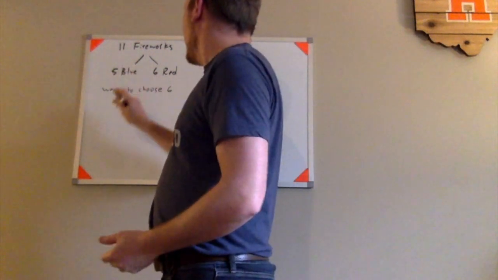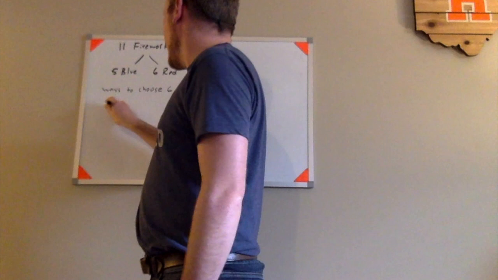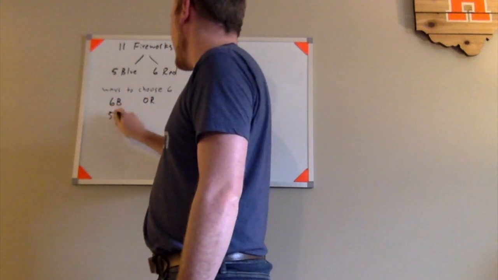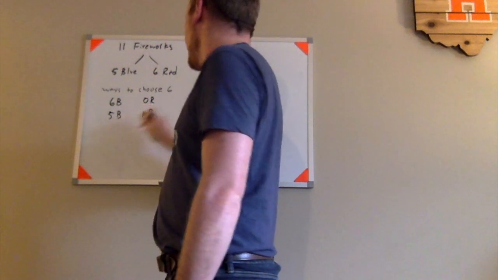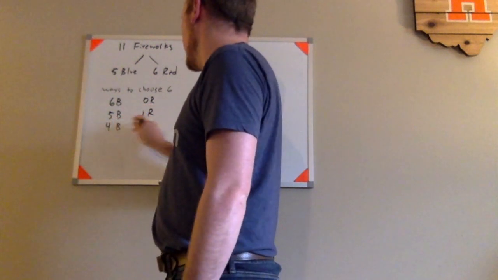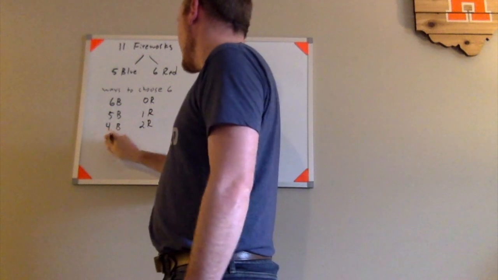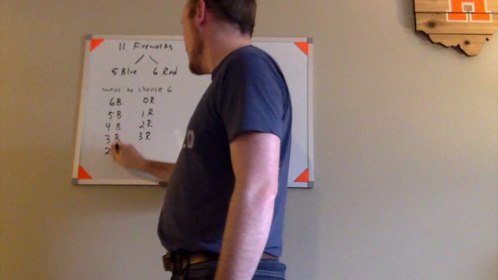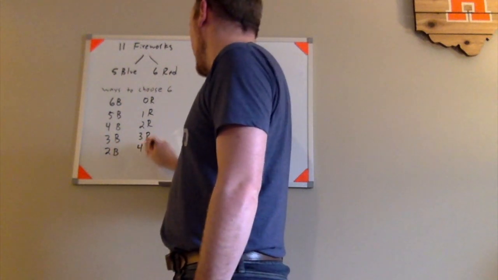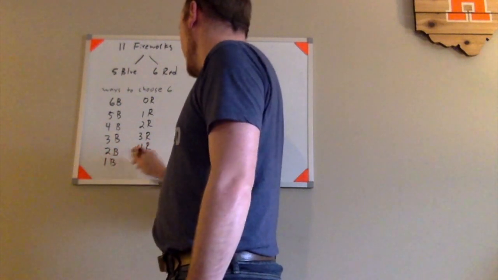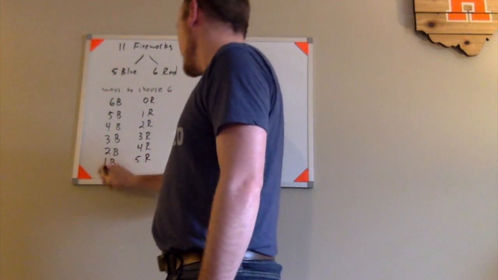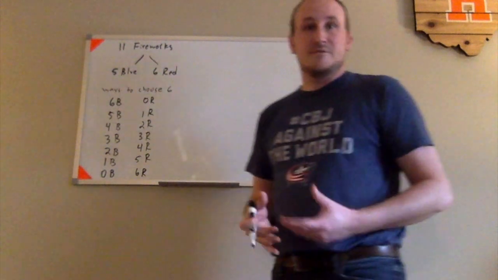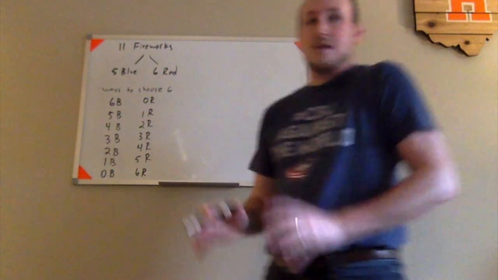So the scenario could be broken down as 6 blue and 0 red, or 5 blue and 1 red, or 4 blue and 2 red, 3 blue and 3 red, 2 blue and 4 red, 1 blue and 5 red, or 0 blue and 6 red. That's all the different ways I could make 6 out of 2 subgroups of red and blue things.